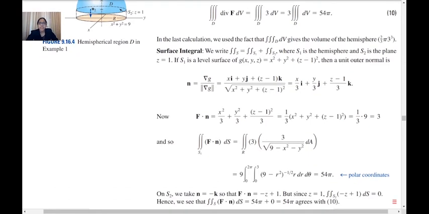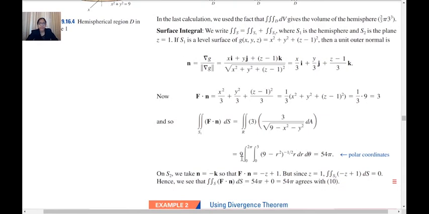So this integral will be 9, because 3 into 3 is 9, times the integral from 0 to 2π, integral from 0 to 3, of (9 minus r²) raised to minus 1/2, with dA changed to r dr dθ. Evaluating this will not be much of a problem here. We'll have to use the substitution method and solve it. It is easy.